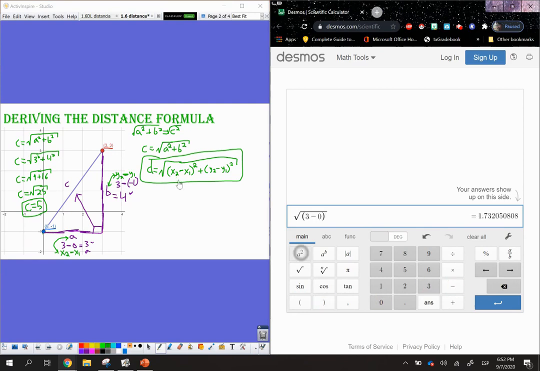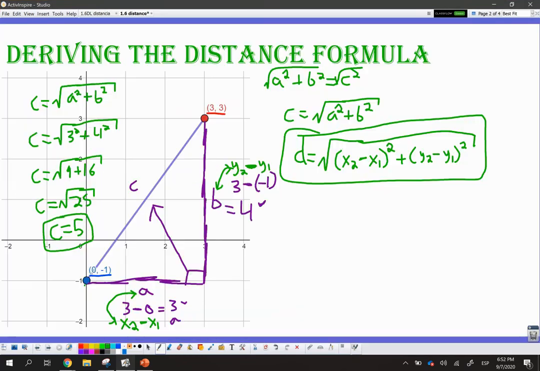And then I have the squared, right? And then plus another parentheses. Now I'll put in my y coordinates. So y2 is 3. Then minus negative 1. And then squared. And look, I get 5. So I end up getting the same exact answer either way, which proves that the distance formula here works.